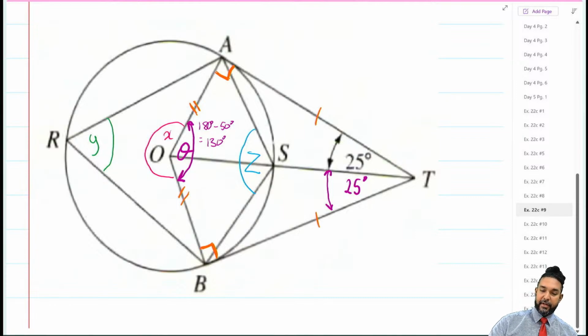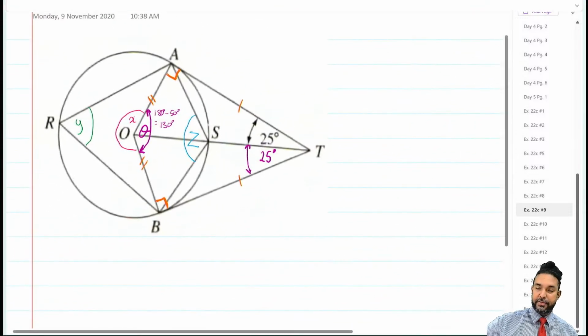Right. So then from there you could find x. You could even find y from that 130 as well. And then from either x or y you could find z. Right. So you have different ways to go about finding the answers.